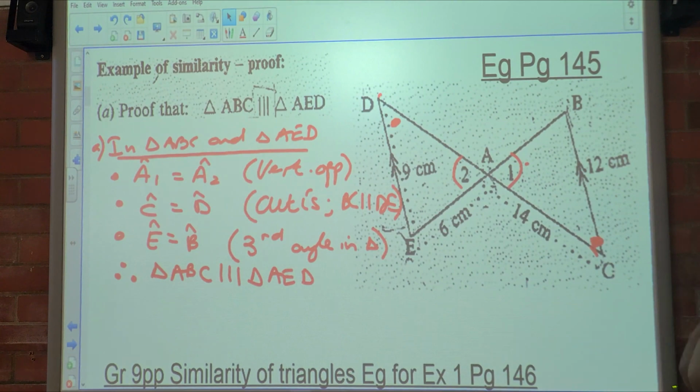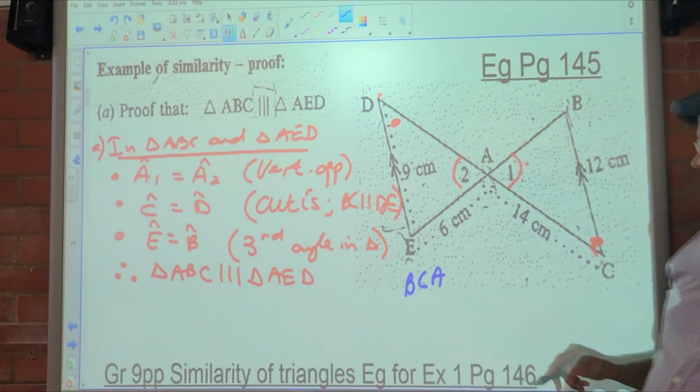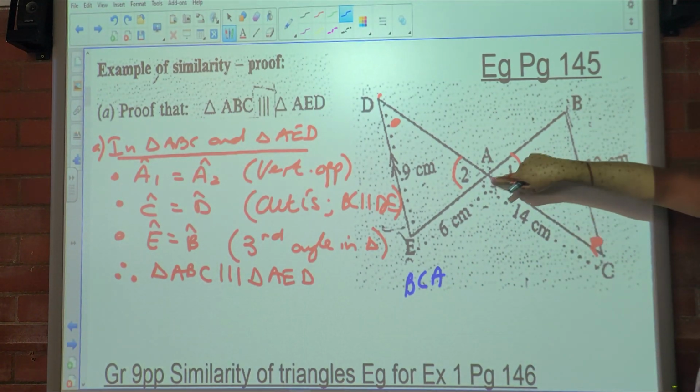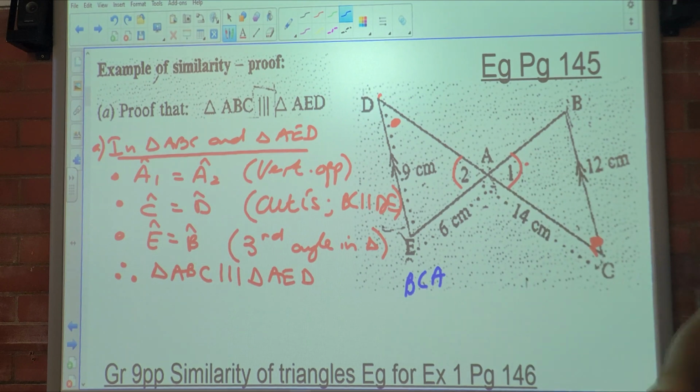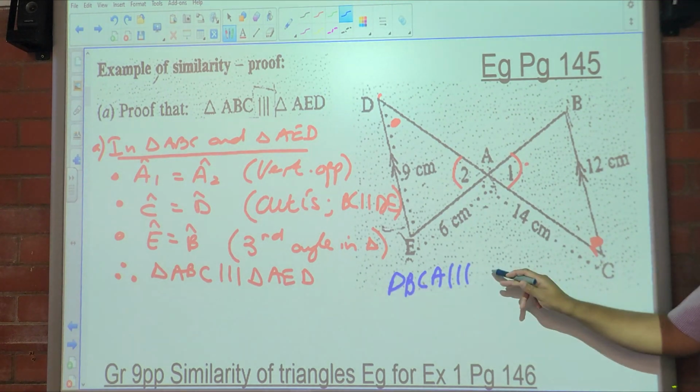People, the order is important. So say for argument's sake you went with BCA. Then what would the order of the other triangle be?